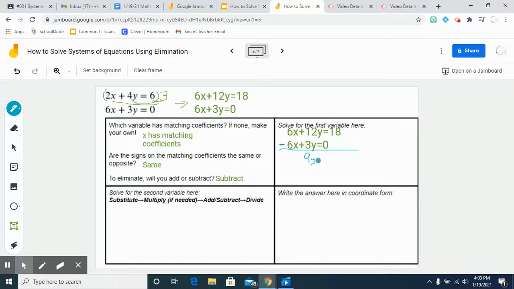And 18 minus 0 gives us 18. Finally, we have to divide by 9 on both sides to find out what y is. So we say that y equals 2.